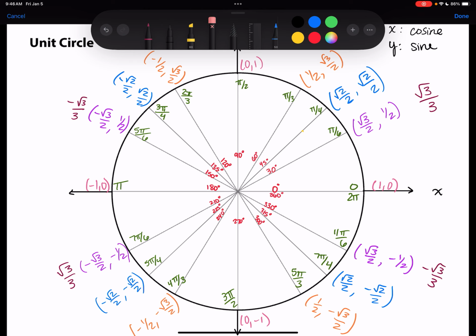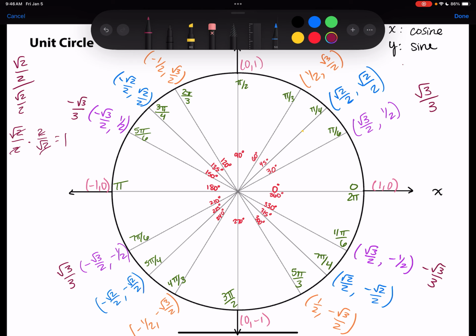All right, for the pi over 4s, we have root 2 over 2 divided by root 2 over 2. So that's the same as root 2 over 2 times 2 over root 2. Everything cancels, so that means that tangent value is 1.